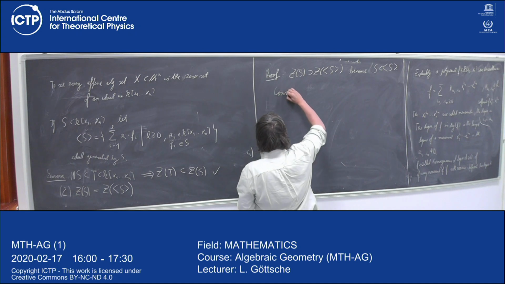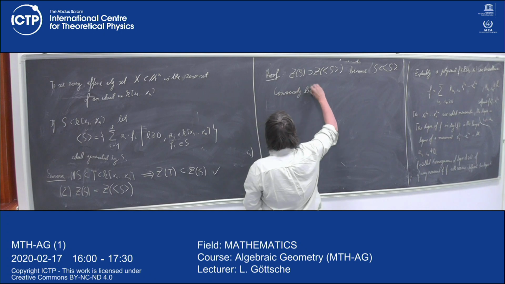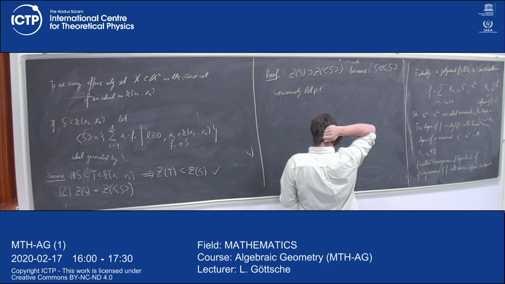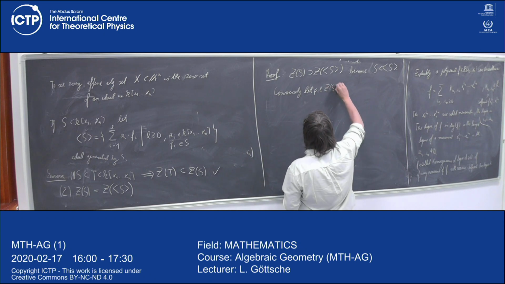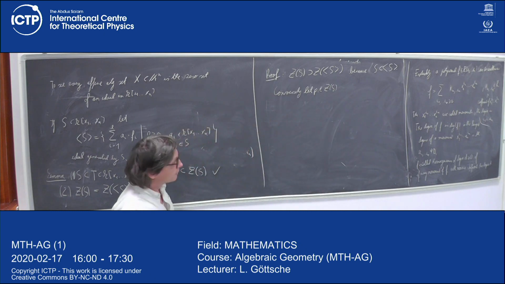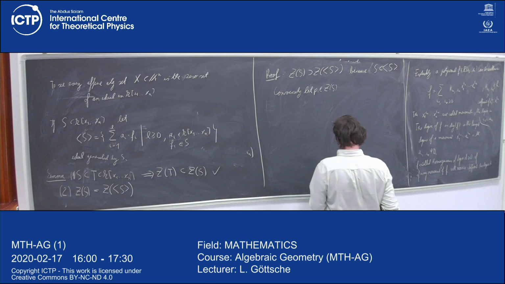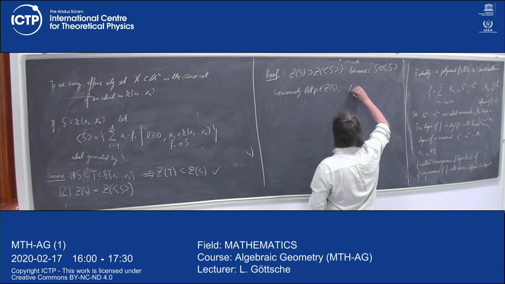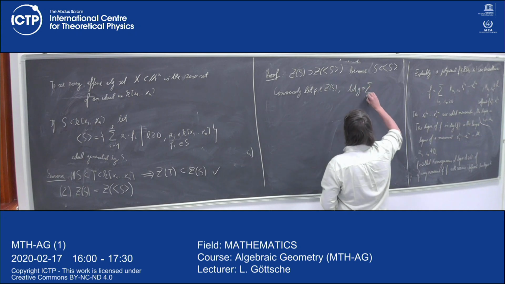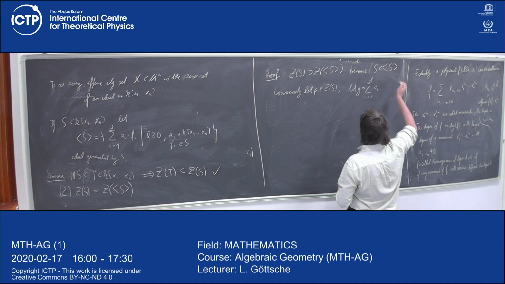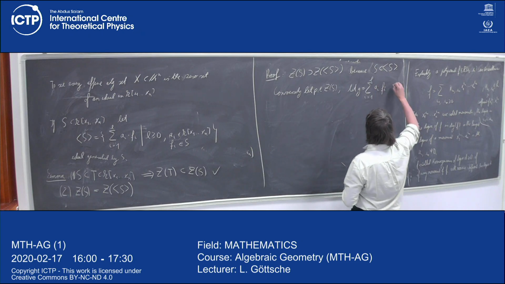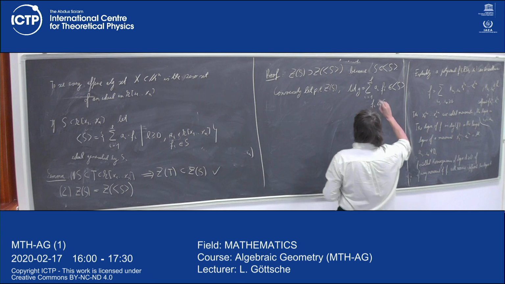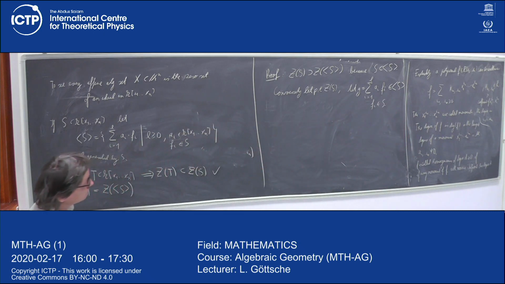Conversely, you take a point P in the zero set of S, and you have to see that it is also in the zero set of the ideal generated by S. So we take any polynomial in the ideal generated by S, g equal to the sum i equals 1 to l of a_i f_i, where the f_i are elements in S and the a_i are elements in k[x1, ..., xn].